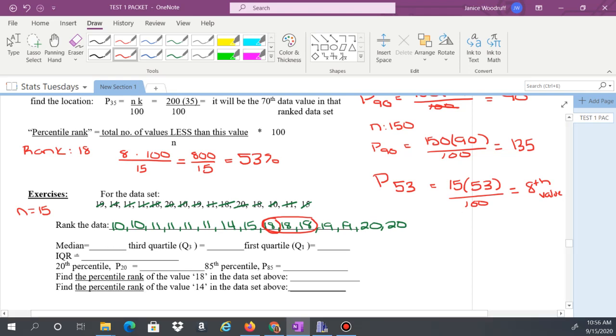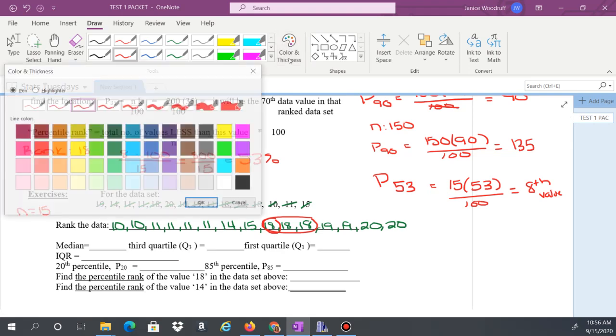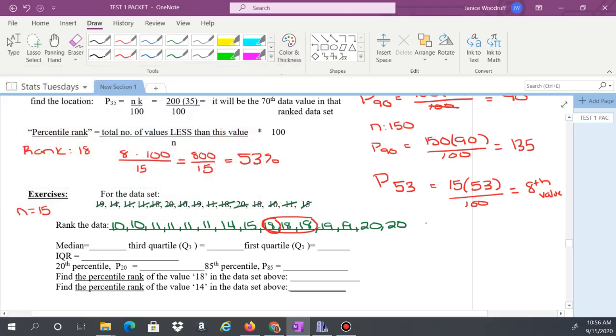Let's look at this. We'll come back to the median and stuff first. Let's look at this right now. So the 20th percentile. Okay, so that would be P20. Let's do these ones in blue. So P20, our sample size would be 15, 20 would be the percentile, and then we are dividing by 100.